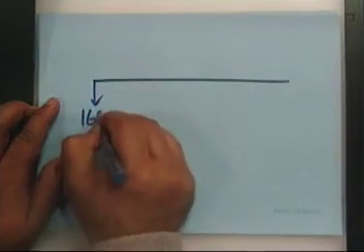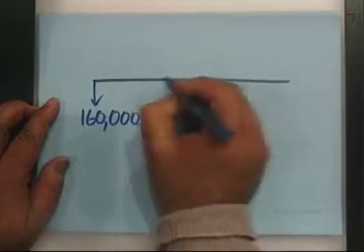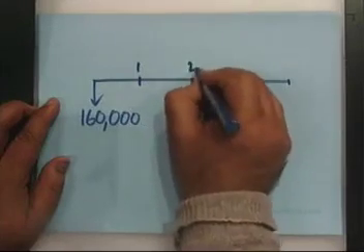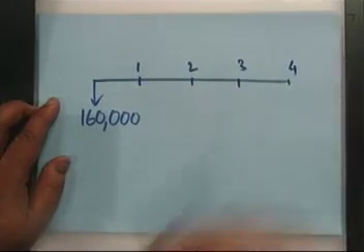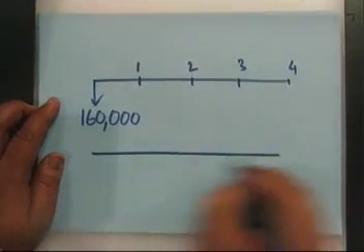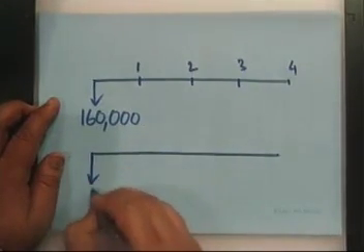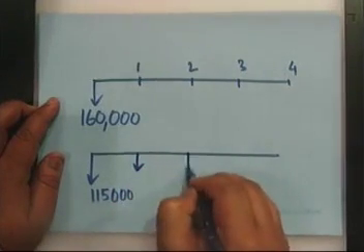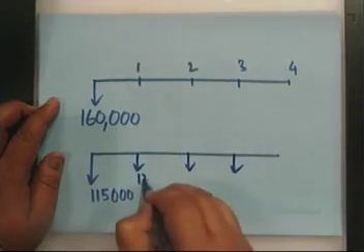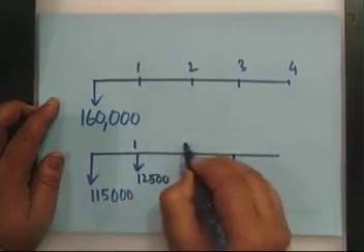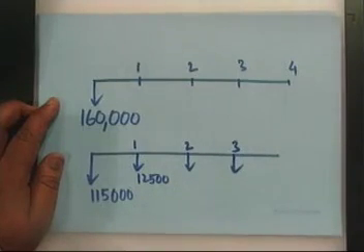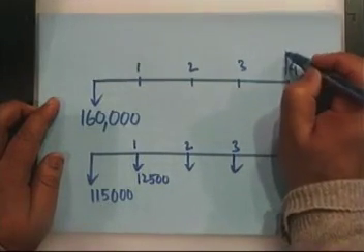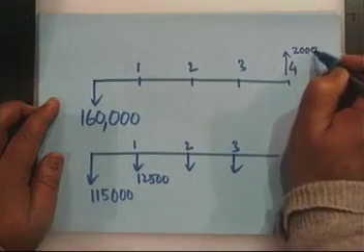Let us say I draw this figure once again, 160,000, end of year 4, here 1, 2, 3 and 4. I have another asset which has 115,000 here, 12,500, 12,500 every year for 3 years only, 1, 2, 3. In this problem we are given that the salvage value here is 20,000.